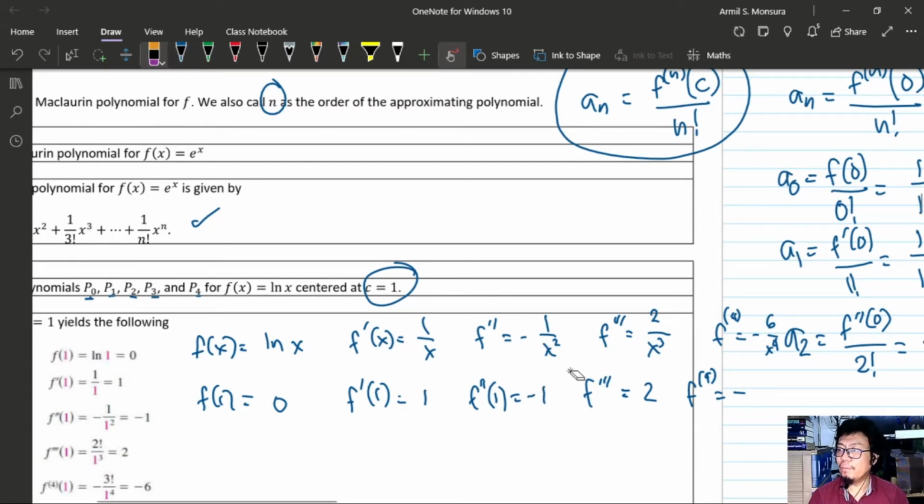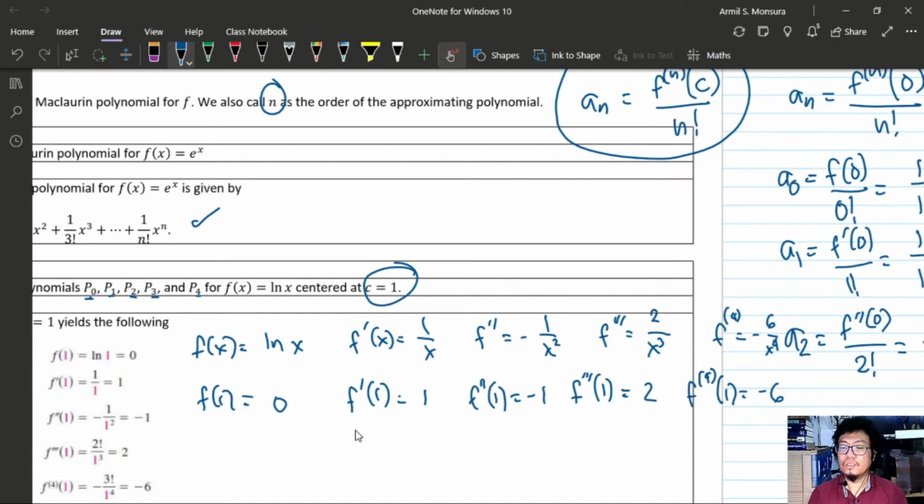F triple prime of 1 is 2. And the fourth derivative of f at 1 is negative 6.